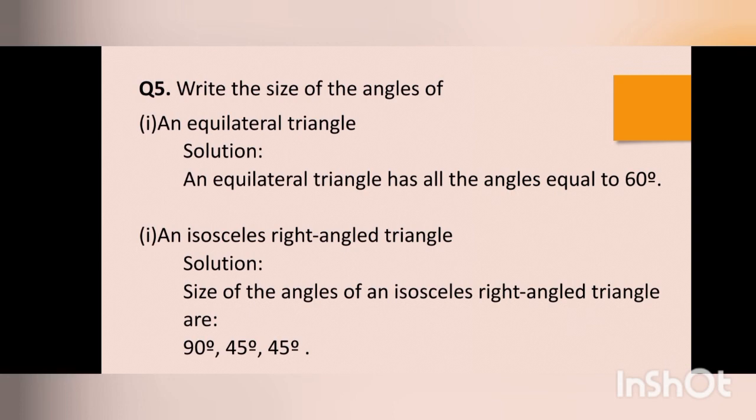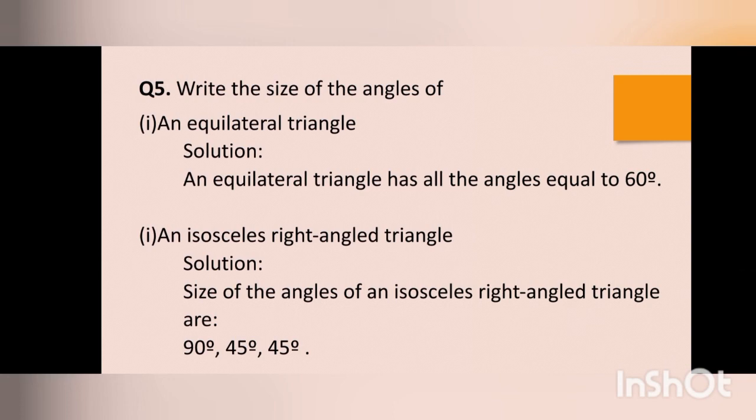An isosceles triangle is a triangle in which two sides are equal, also two angles are equal. So in isosceles triangles base angles are equal. And we are going to do the right angle triangle as well. It is an isosceles right angle triangle, so one angle is of course 90 degrees, and the remaining two angles must be 45 degrees and 45 degrees.